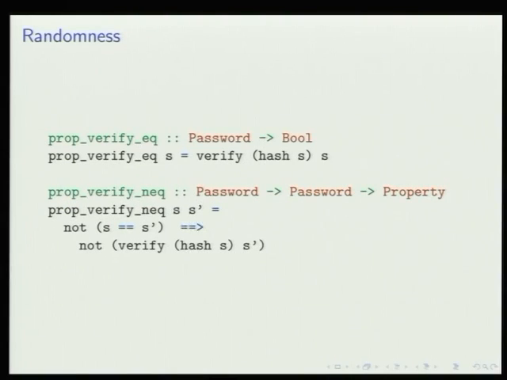Sometimes randomness isn't enough. If we consider this property with password hashing and verification, prop verify EQ with a single parameter s, which is a password, we state that the verification of s against the hash of s is true. So if you hash a password and then verify the password against that hash, that should always work.